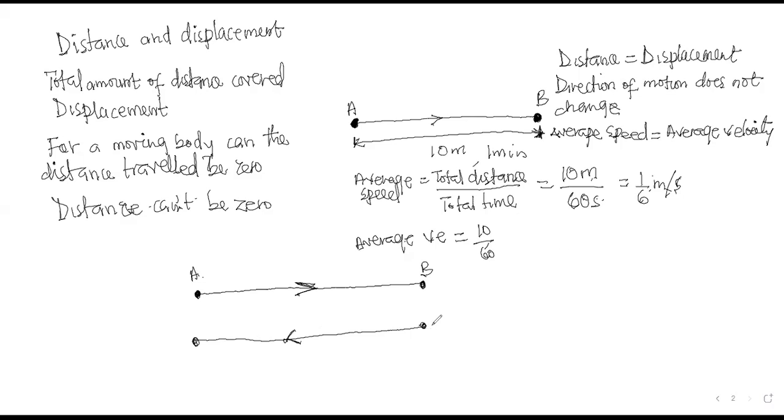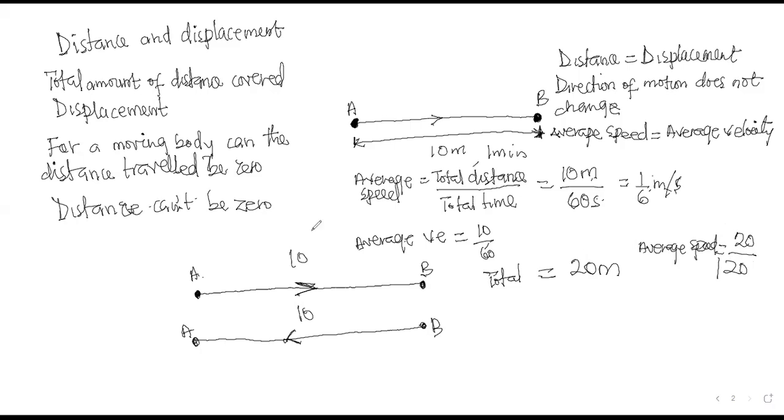If you ask me to calculate the total distance, if this is 10, this is 10, then the total distance of Giovanni is 20 meters. And the average speed will be equal to 20 over 120 seconds.